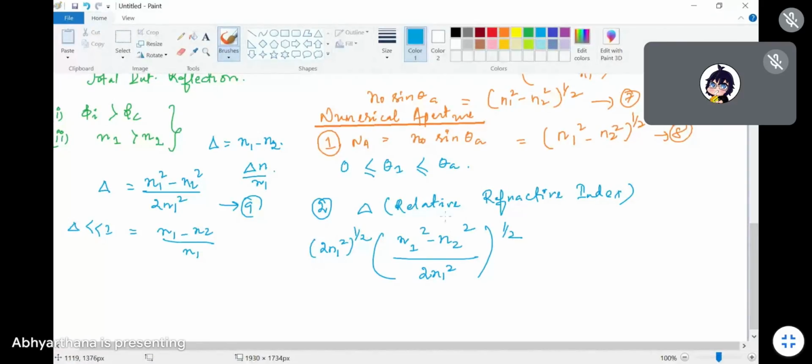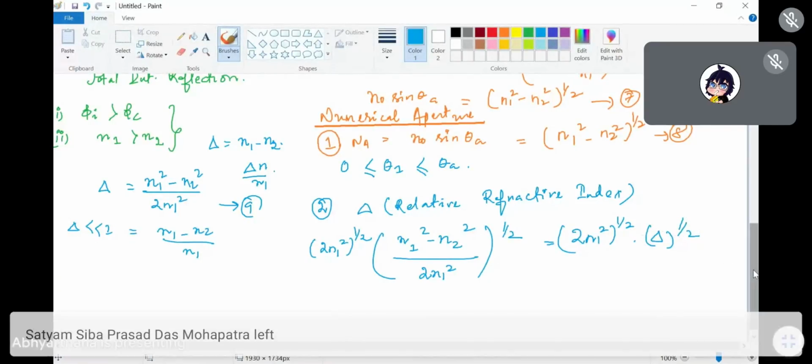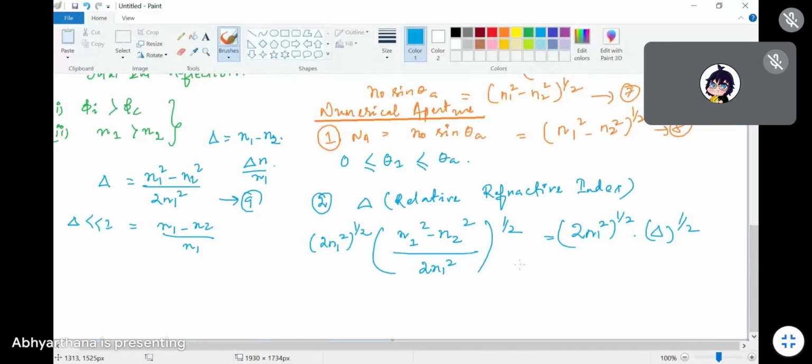So this becomes my delta. So delta, 2 n1 square into delta to the power half. Okay. So now if I change over here, so it is nothing but your root over of 2, and if I take root over of n1 square, it is n1 into this is root over of delta.